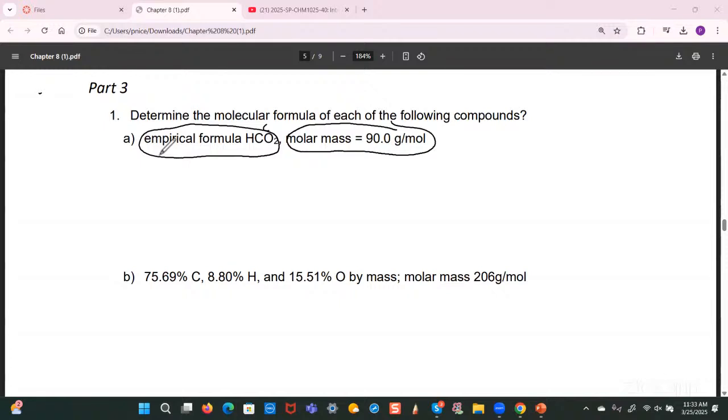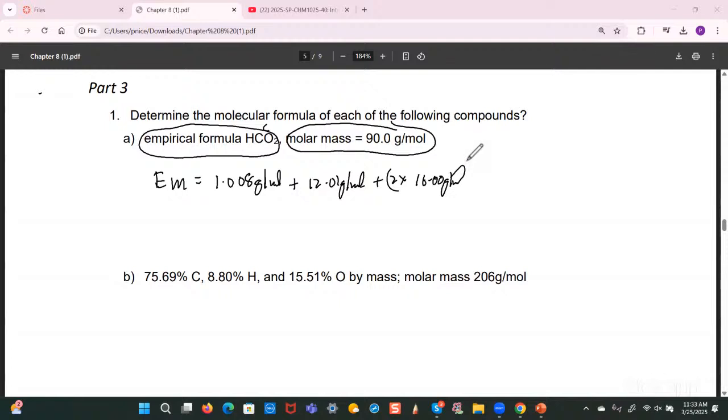Okay, so in other words, you calculate the empirical mass. So that would be 1.008 grams per mole plus 12.01 grams per mole plus 2 times 16.00 grams per mole.